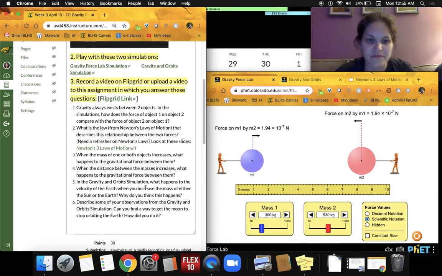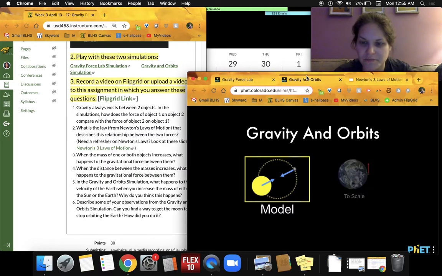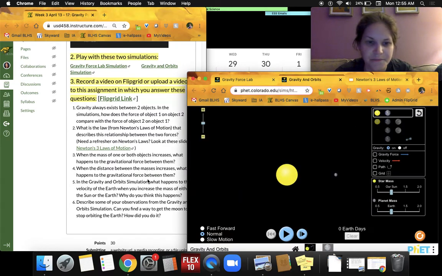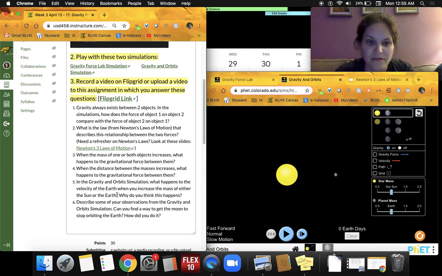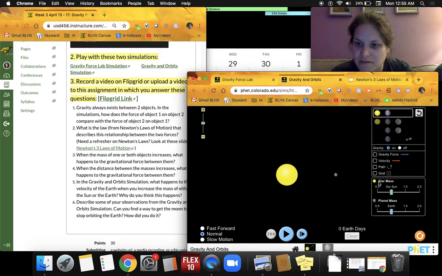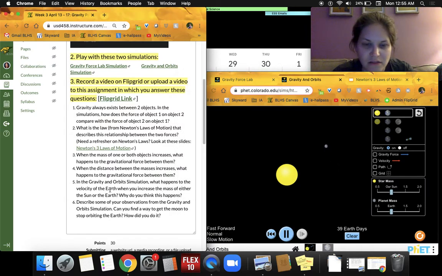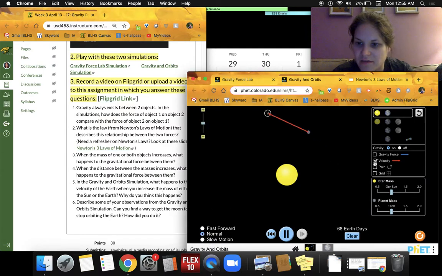Then in number 5 and 6, we're looking at the gravity simulation in particular. What happens to the velocity of the Earth when you increase the mass of either the Sun or the Earth? Well, if I get this going, since I'm asking you about the velocity, it's going to help to have the little velocity check on.